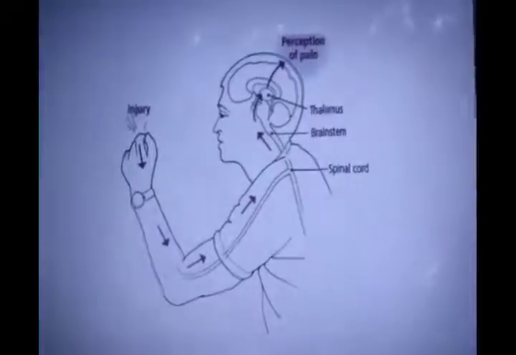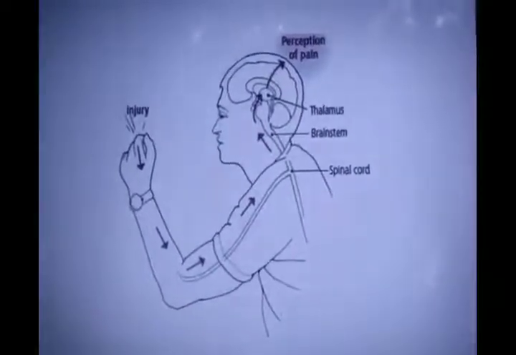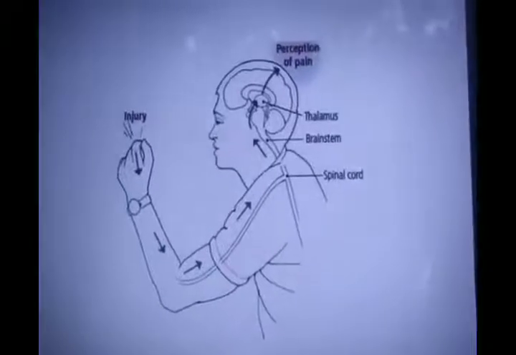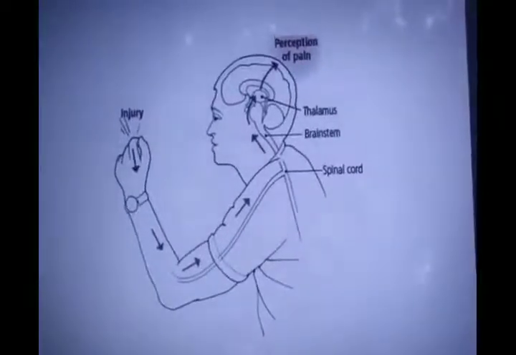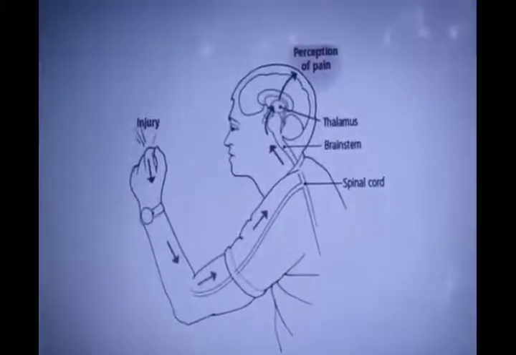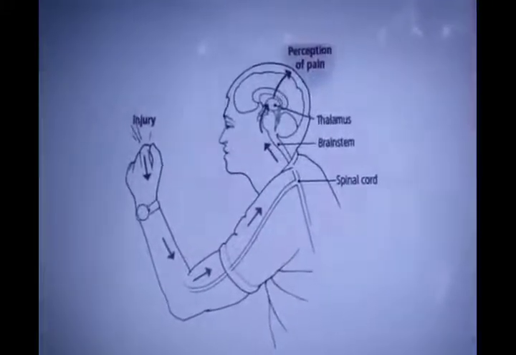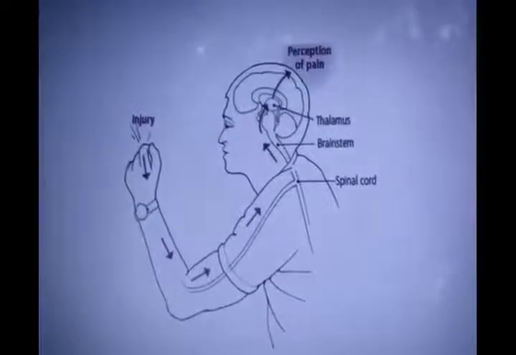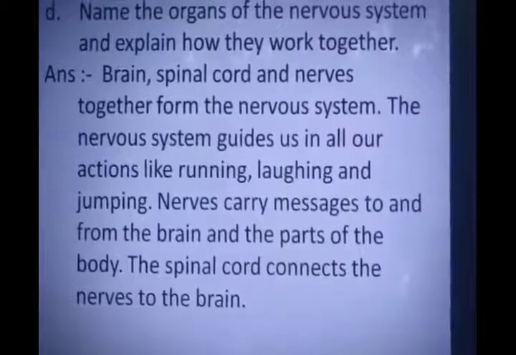So this is how our nervous system works, by sending messages to and from the brain to the body parts through the nerves.